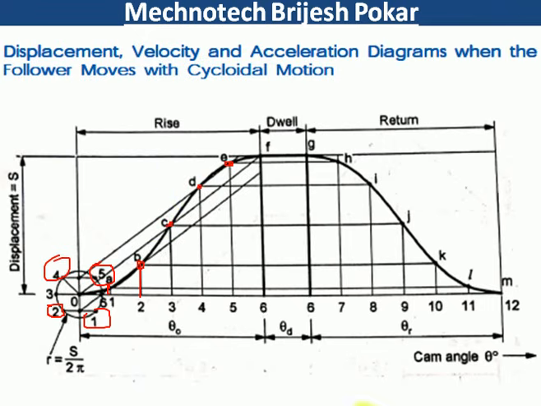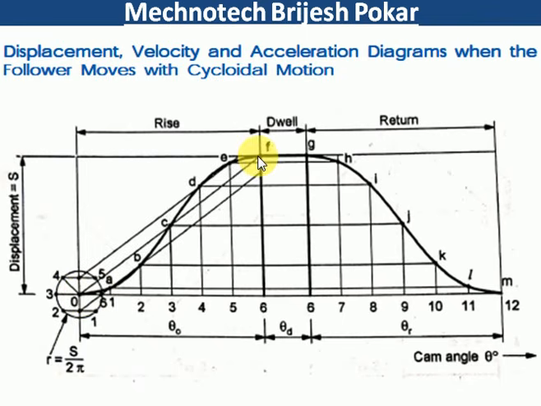So by this way we can get the path of cycloidal motion. Hope you understand. If you have any query you can ask me, you can message me. So this is the cycloidal motion of the follower.